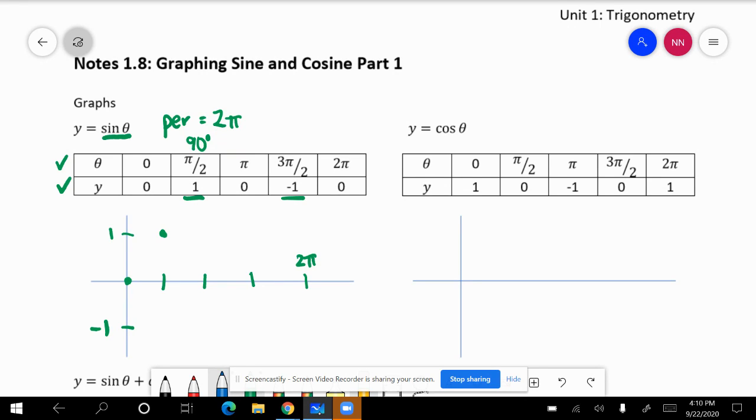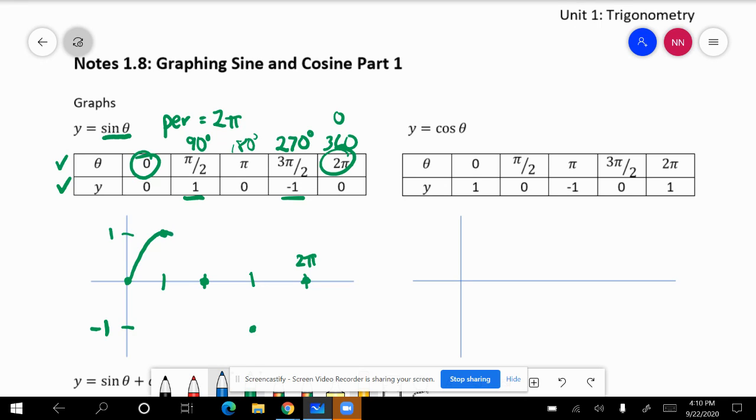At pi, or 180 degrees, we have 0. At 3 pi over 2, or 270 degrees, we have negative 1. And then 2 pi is 360. Remember, it's the same thing as 0. 0 and 2 pi are always going to have the same answer.